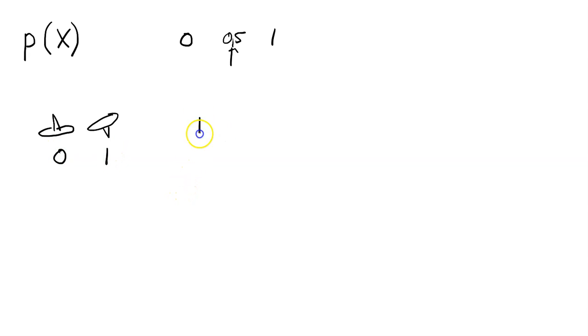So what is the probability that if we throw the tack once, we will have outcome 0? If this probability is, for example, 0.4, then we are a little bit more likely to have pin down than pin up. So this means that it's more probable that we will have outcome 1 than outcome 0.